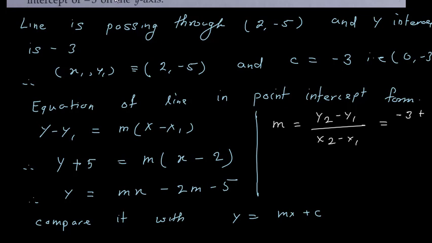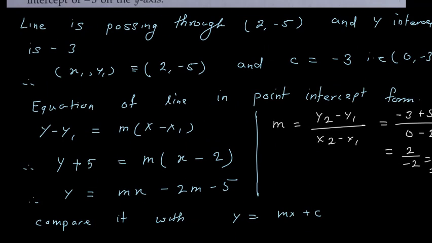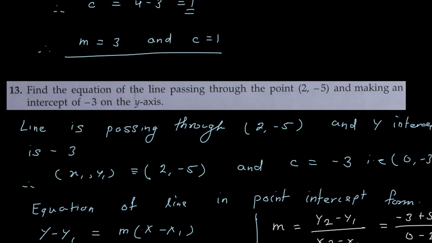So it is 2 divided by minus 2, which is minus 1. And here also you will get the value of m as minus 1. So once you get slope, you can say that y plus 5 is equals to minus 1 into x minus 2, and then you simplify and get the answer. So anyway you can solve this problem, right?